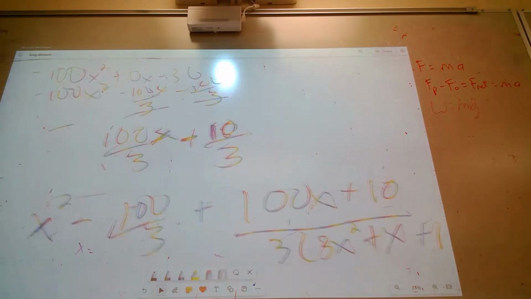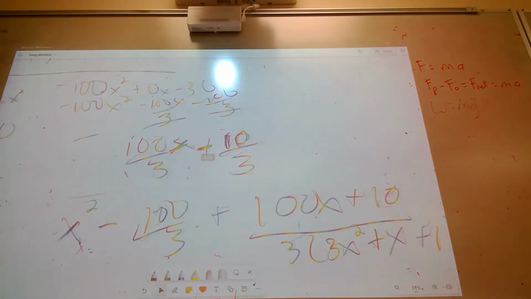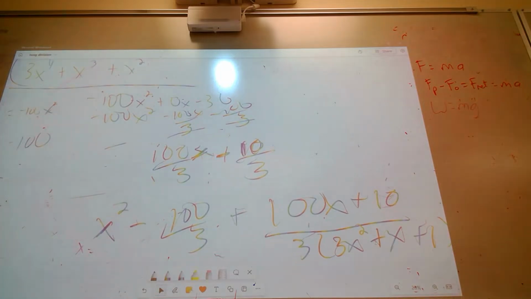So this is our answer: x squared minus 100 over 3 plus 100x plus 10. I brought down that 3.